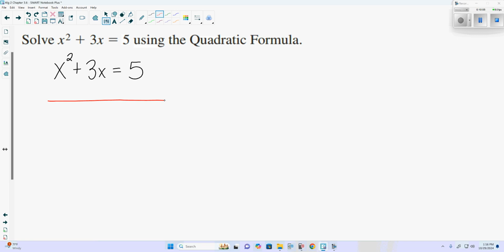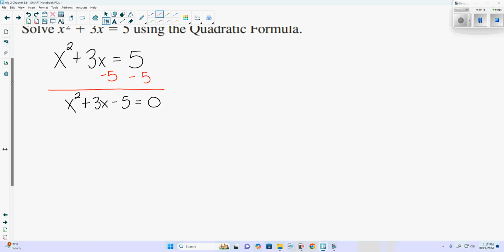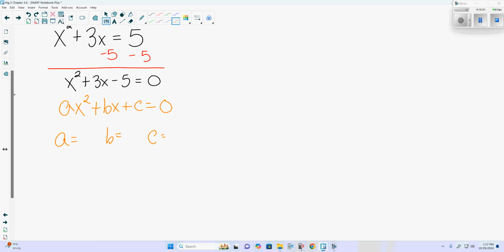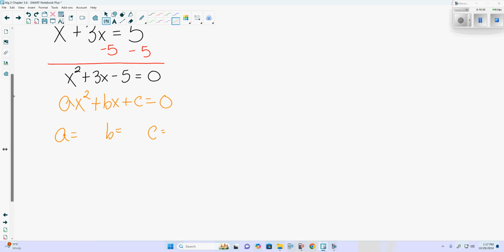We need to subtract 5 from both sides, which will tell us that we have x squared plus 3x minus 5 is equal to 0.